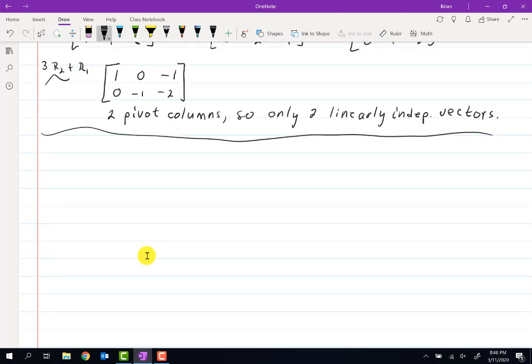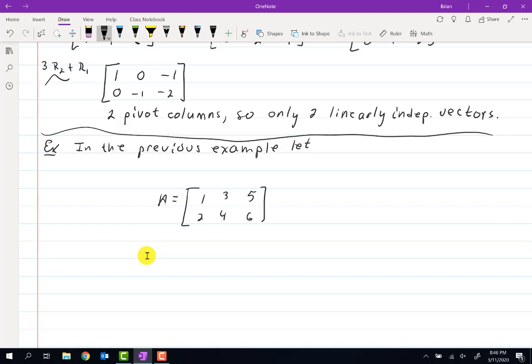In the previous example, let A be the matrix of those columns.